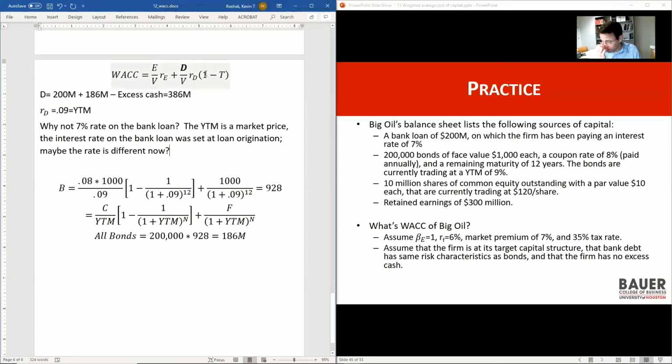So when Big Oil got the bank loan, the bank said, okay, I'll accept a 7% interest rate on this loan. But who knows when that was? That could have been a year ago, 2 years ago, 10 years ago, whatever.